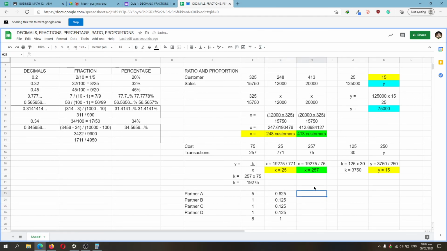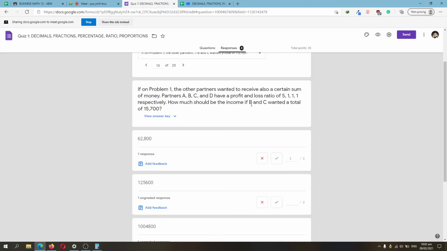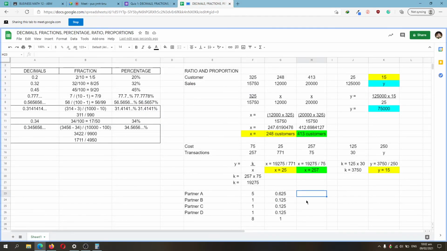So, since equivalent to 1, ngayon ang hinahanap natin, if B and C wanted a total of 15,700, magkano dapat yung total income? Gusto nila 15,700. So, anong gagawin natin? Lalabas yung total net income natin na 15,700. So, ilan yung proportion nila? That is 2/8. Diba? 1 plus 1 is 2, 2/8.